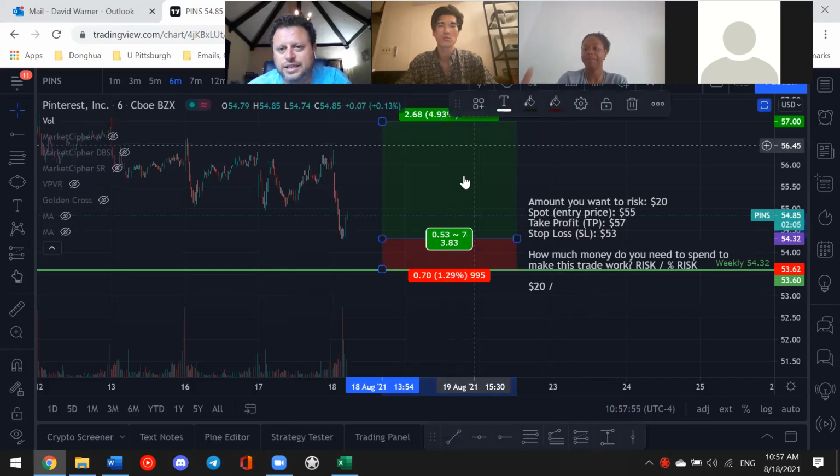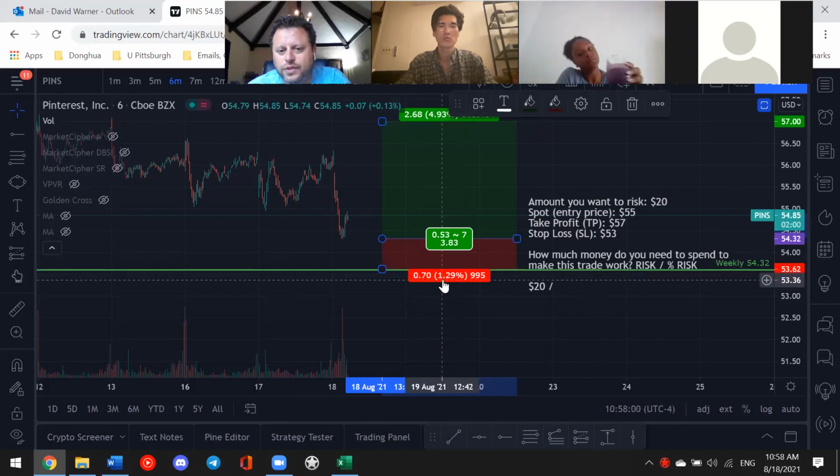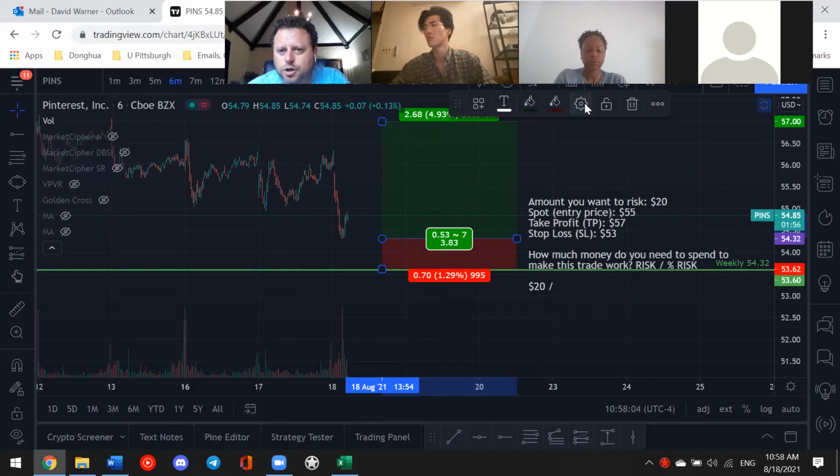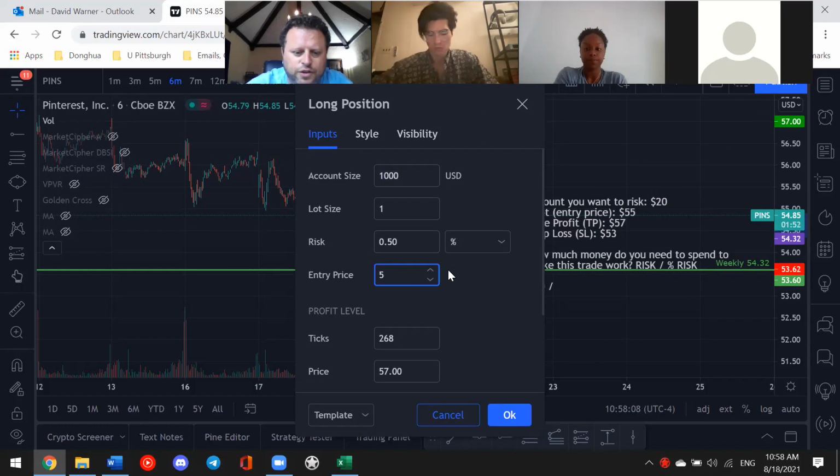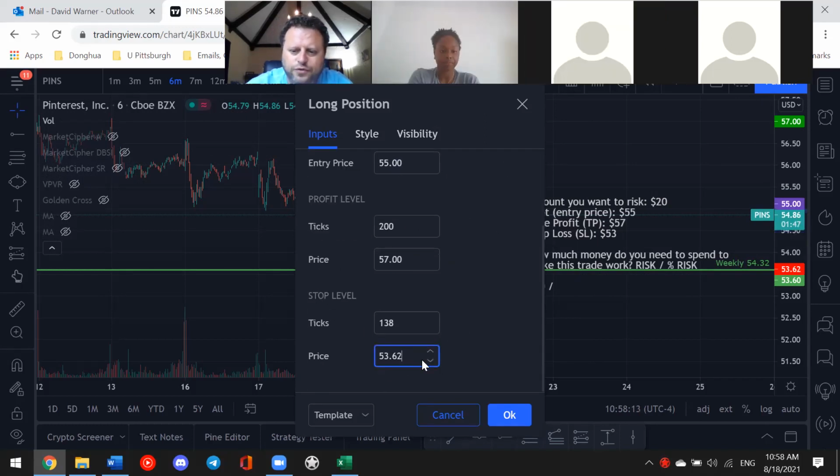That's where you need these numbers for. Your percentage risk is this red number in the parentheses. So let's change these numbers to be correct. Entry price is now going to be 55. Our take profit is 57. Our stop loss is 53.